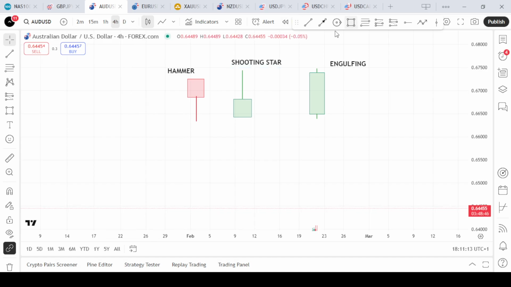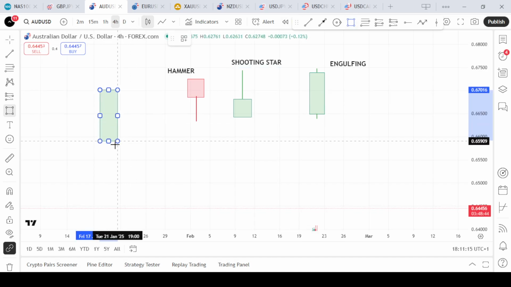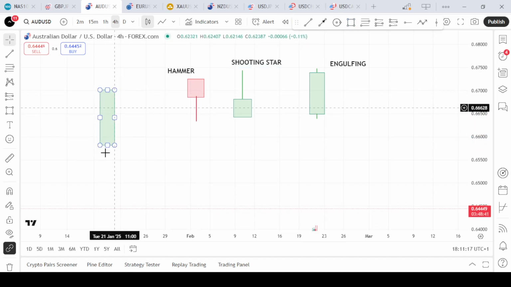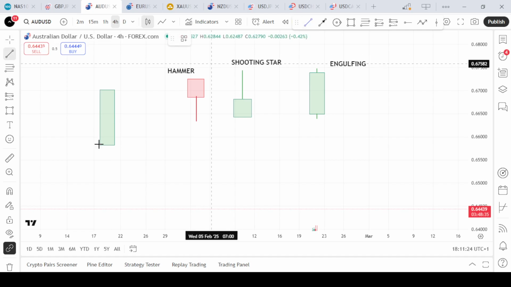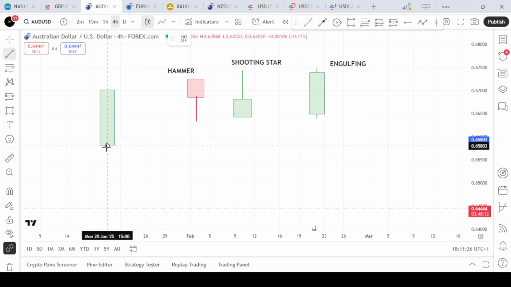We have to understand the area where price opened from, the place where price closed, and the highest point price reached before it closed.